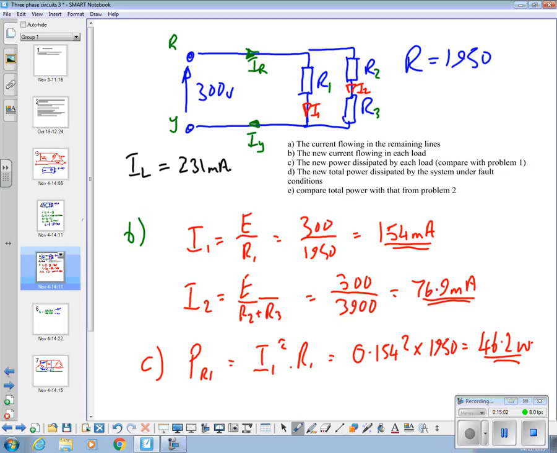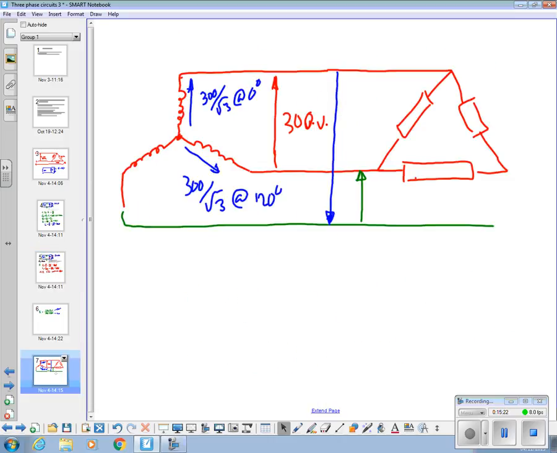I got down here that that's the same as it was in problem 1. And if you think back to it, or if you look back at the full system, if we look at this one here as being R1, whether we connect that or not, when we deal with just that load, it is that voltage that's across it, so you'd expect the power through that one load to be the same.